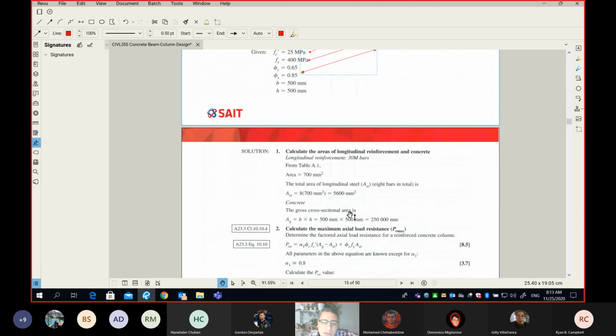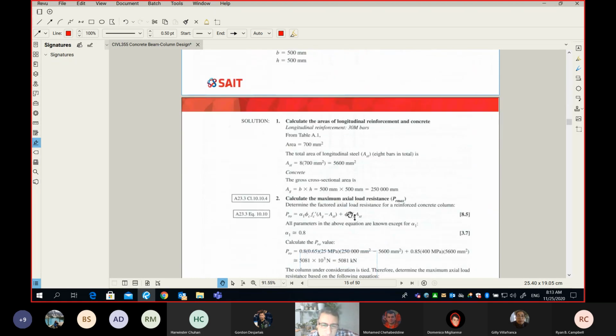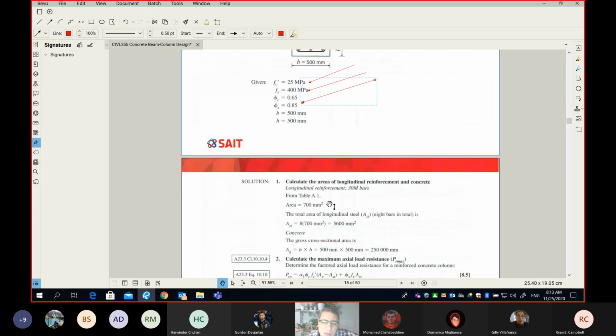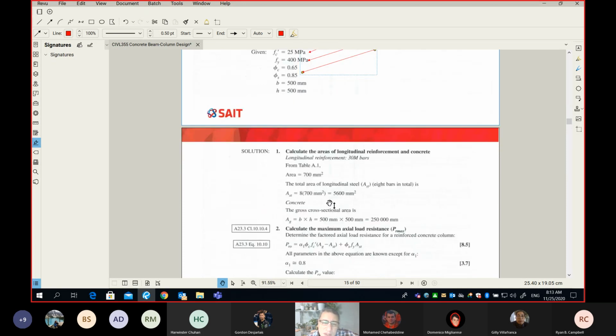Now, what you have to do is find the area of the steel. Since our bar is 30M, I'm confident that probably all of you know that 10M is 100 mm², 15M is 200, 20M is 300, 25M is 500, and 30M is 700.